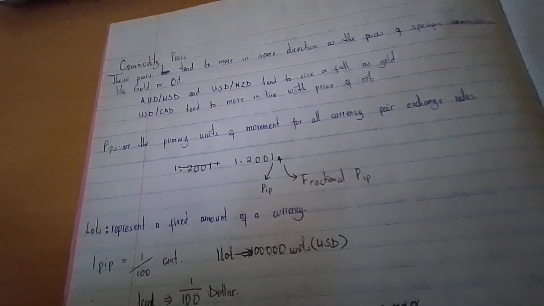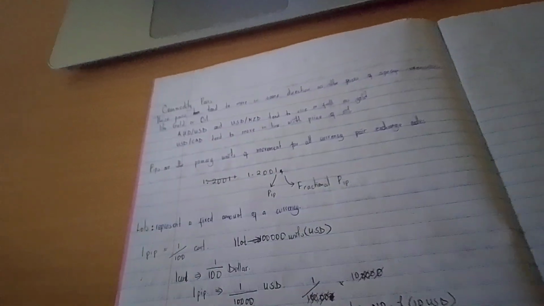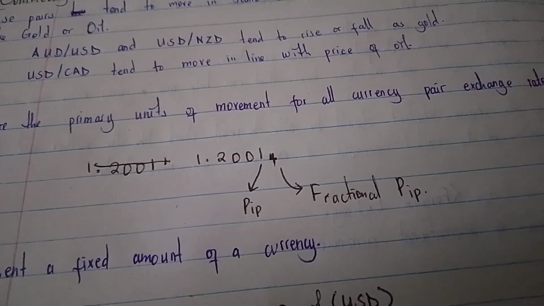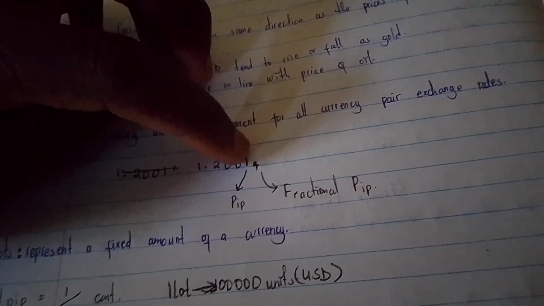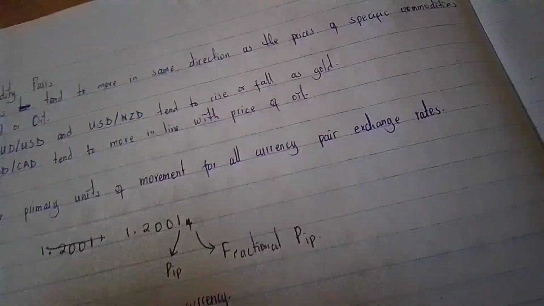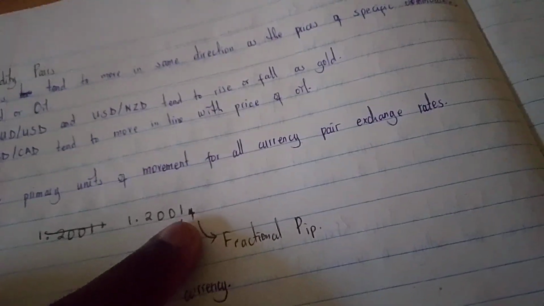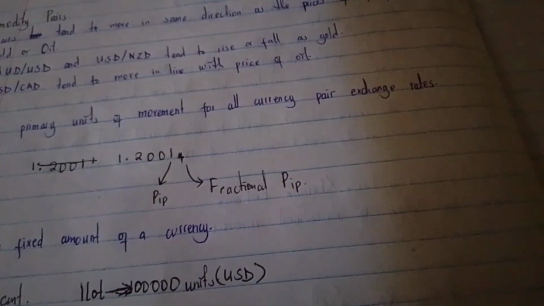And then we went on ahead to look at pips, where we say these are the primary units of movement for all currency pair exchange rates. And pips are divided into, this is what we went through. So for example, this is a pip, and then this lower one here, this is a fractional pip. Just a moment, let me show you what that is.